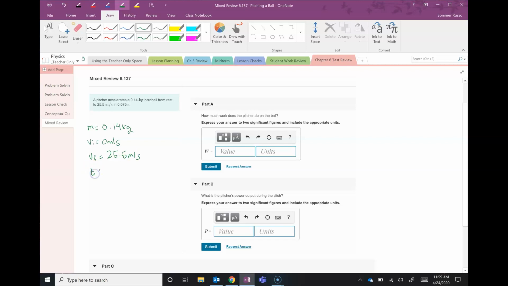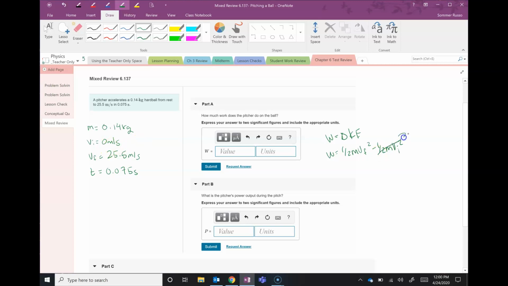And we're doing this in a time of 0.075 seconds. So we want to know how much work the pitcher does on the ball. Again, like I said, this is work is equal to a change in kinetic energy. Right, so work is equal to 1/2 m VF squared minus 1/2 m VI squared.